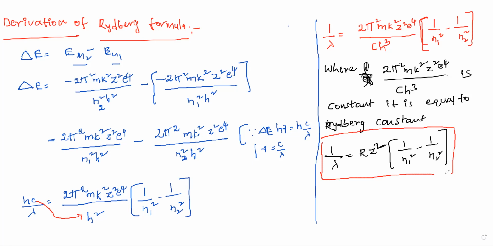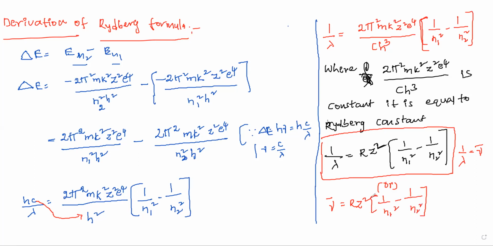This Rydberg formula we can write in one more form also. We know already that 1 by lambda, the reciprocal of lambda, equals wave number, nu bar. Yes or no? So we can write nu bar equals R z square into 1 by n1 square minus 1 by n2 square.